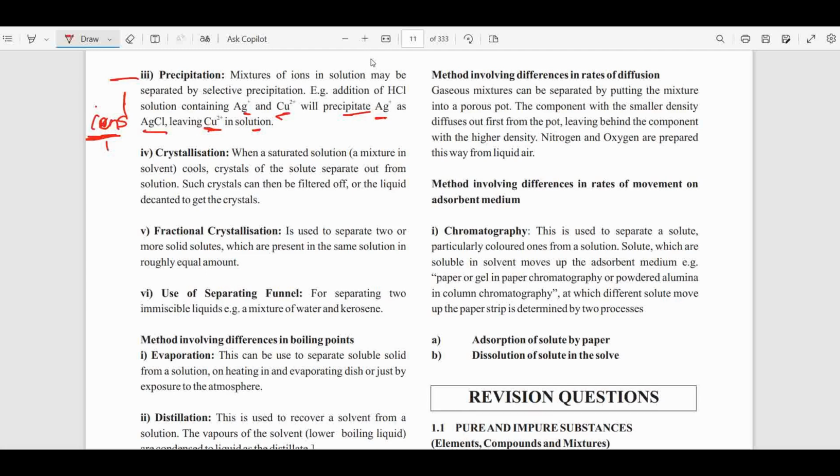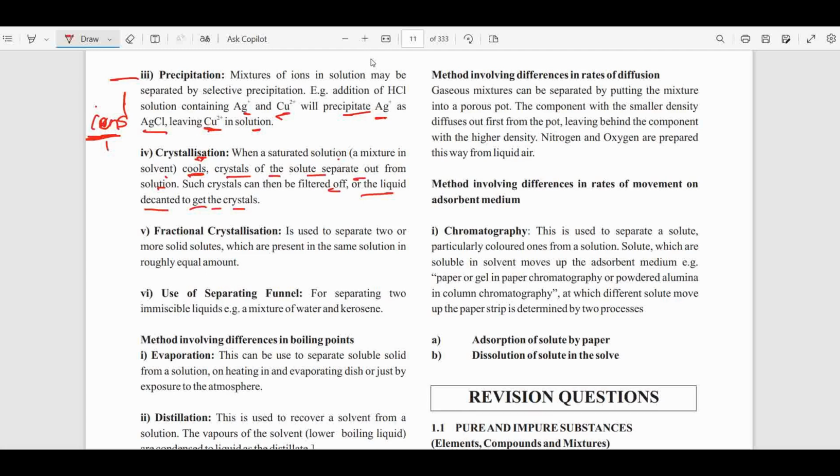Let's go on to the next one, still on solubility. You have crystallization. When a saturated solution, which is a mixture in solvent, cools, the crystals of the solute separate out from the solution. So, as a result of cooling, crystals are separated from the solution, and such crystals can be filtered off or the liquid decanted to get the crystals.